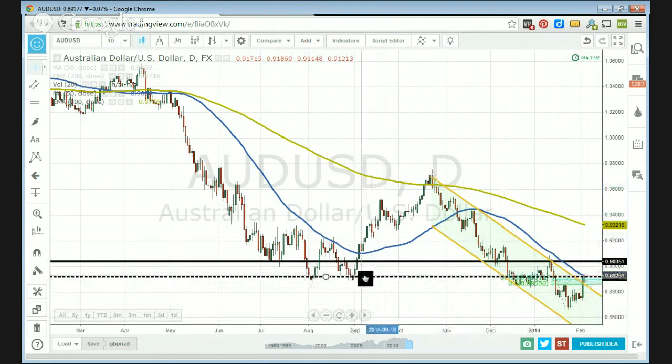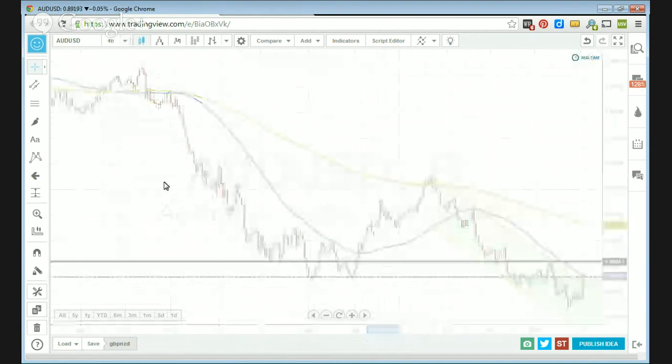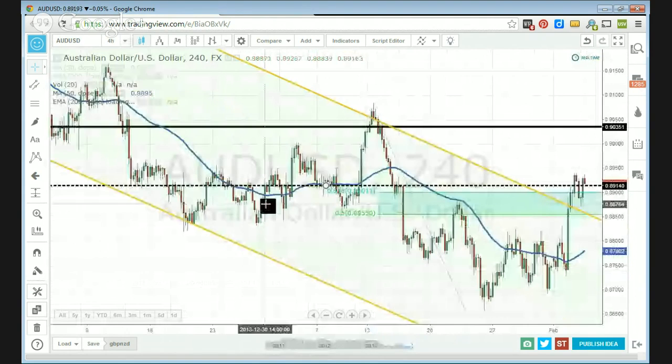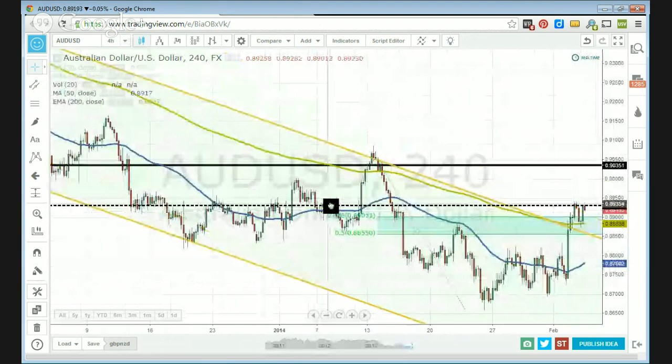Where will the entry order be placed? Actually, to get the entry order, let's look at the 4-hour time frame. Okay, so we can put the entry order right here.